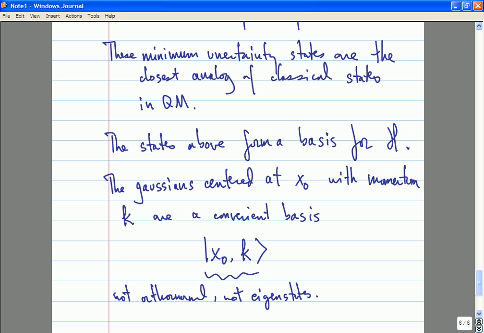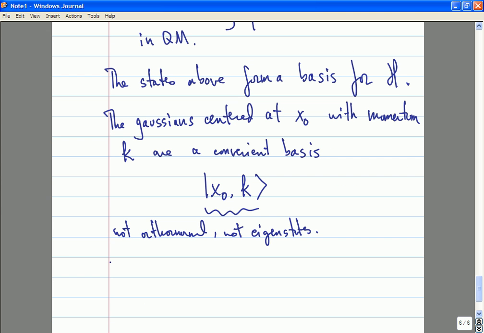It's easy enough to prove to yourself that these are all the minimum uncertainty states. These states also have another name. These are referred to as the so-called coherent states of a one-dimensional particle.